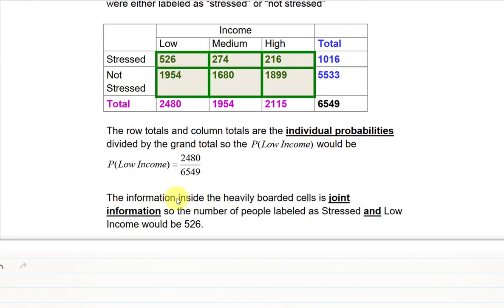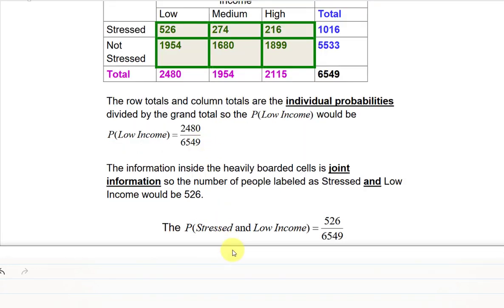The information inside the heavily bordered cell is called joint information. The number of people labeled as straight and also low income is 526. We call it joint information because it has both the values, low and straight.